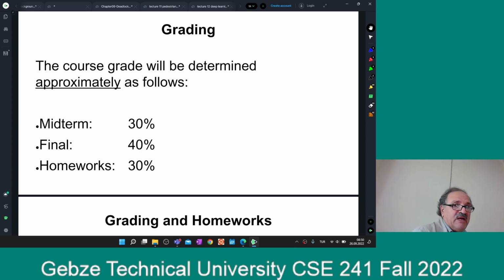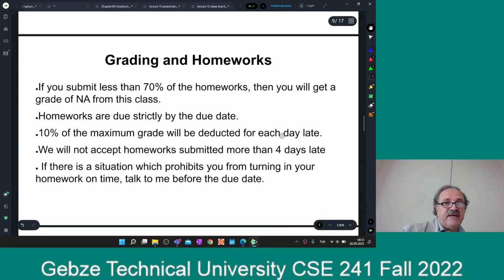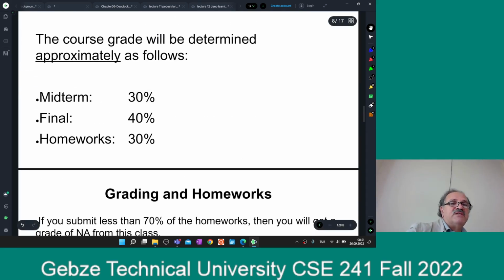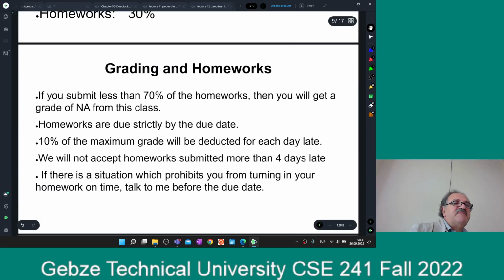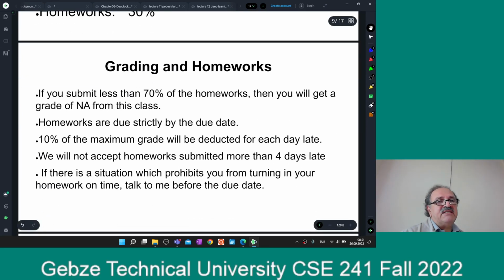So this is how we are going to calculate your final grade, but there are some additional rules, okay? When we say homeworks are 30%, that doesn't mean that if you didn't do your homeworks and you scored 100 in your midterm and final, you are going to get 70. That's not the case, because we expect you to submit more than 70% of the homeworks, okay?